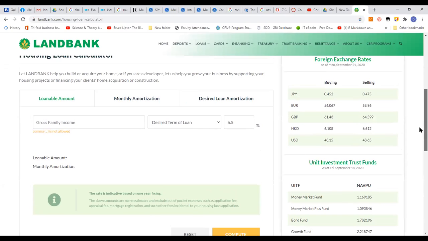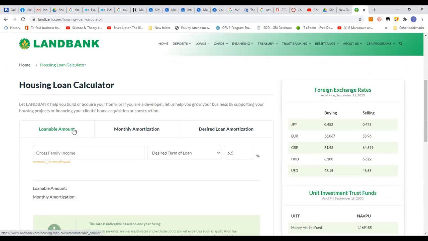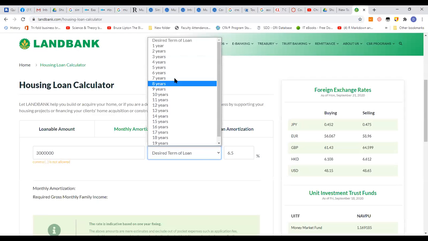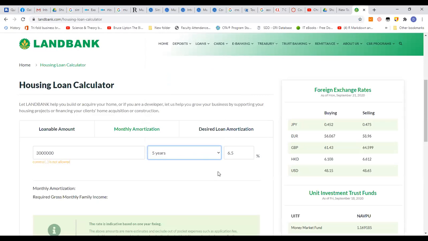Okay, loanable amount. Loan amount, 3 million, no? Okay. Type of loan, 5 years. Baba ng interest rate pala ngayon, no? 6.5%. 6.5. So, baguhin ko lang tong Excel natin.